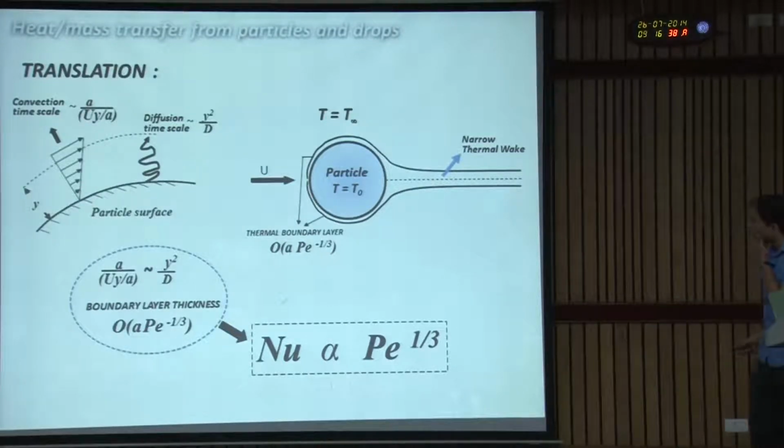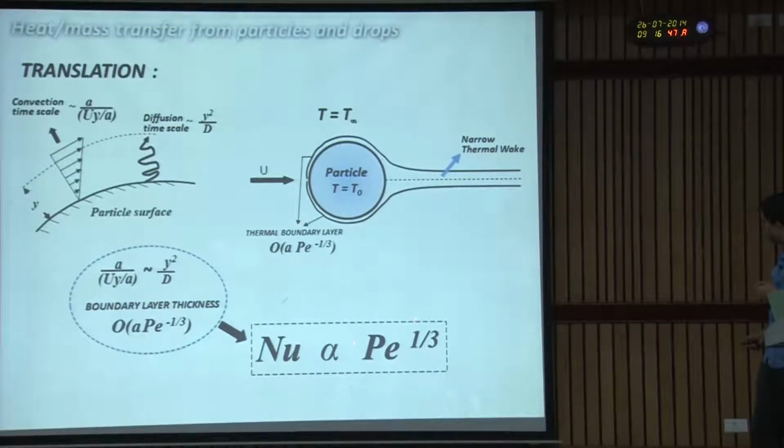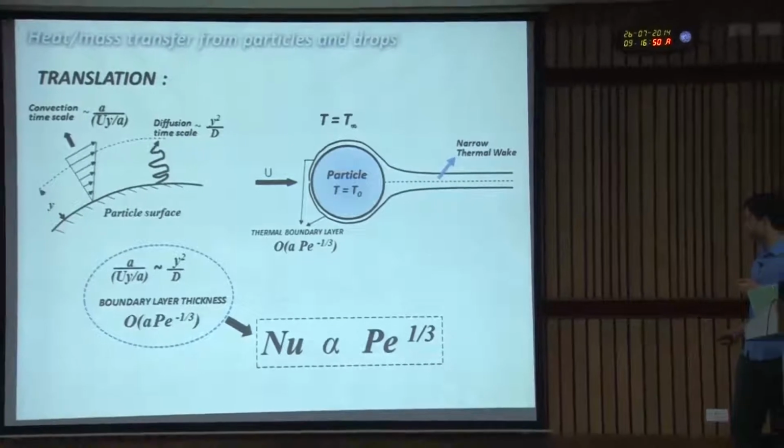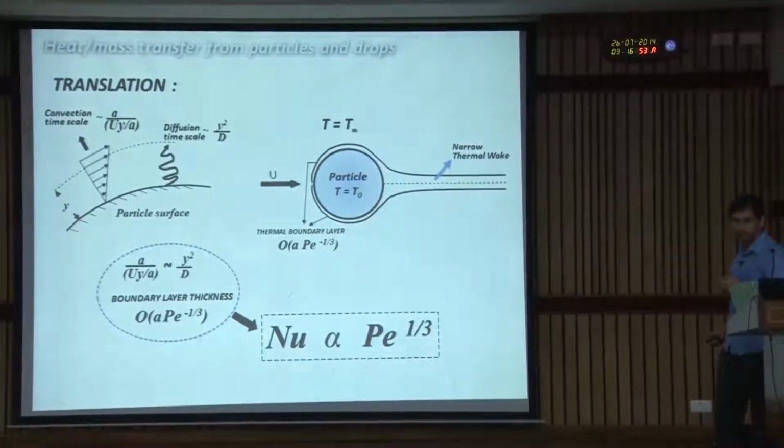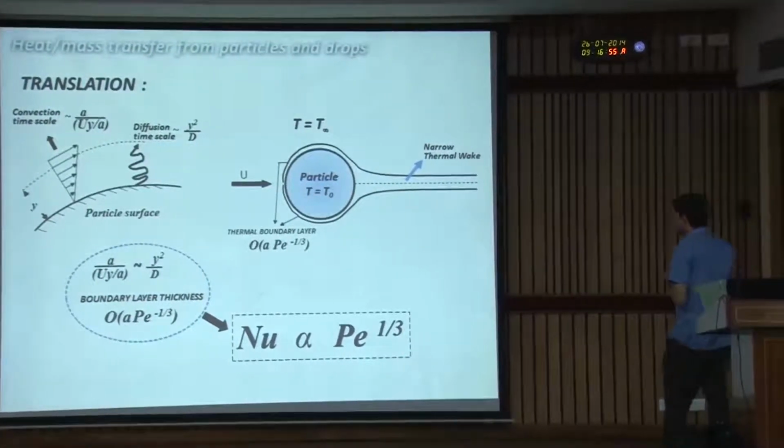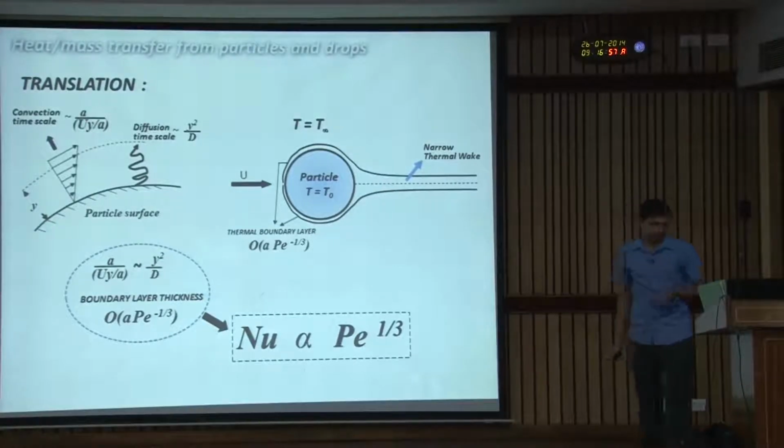And then the heat transport must just be the inverse of this boundary layer thickness, and therefore the Nusselt, which is after all a dimensionless number, must be proportional to Peclet to the 1/3, or Reynolds to the 1/3 times Prandtl to the 1/3. That's for a particle.